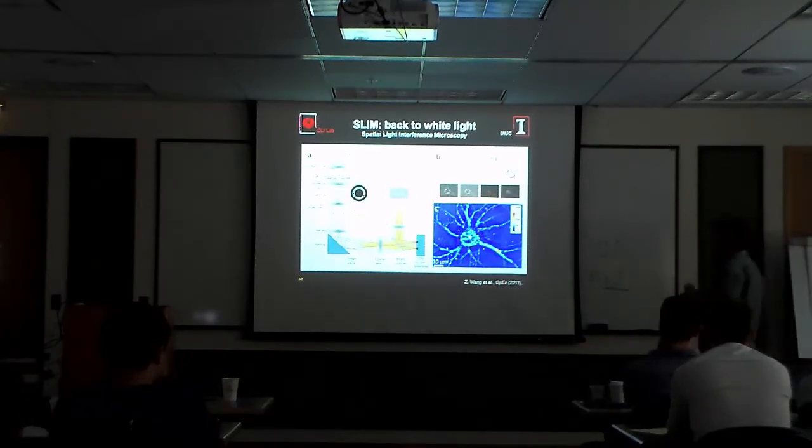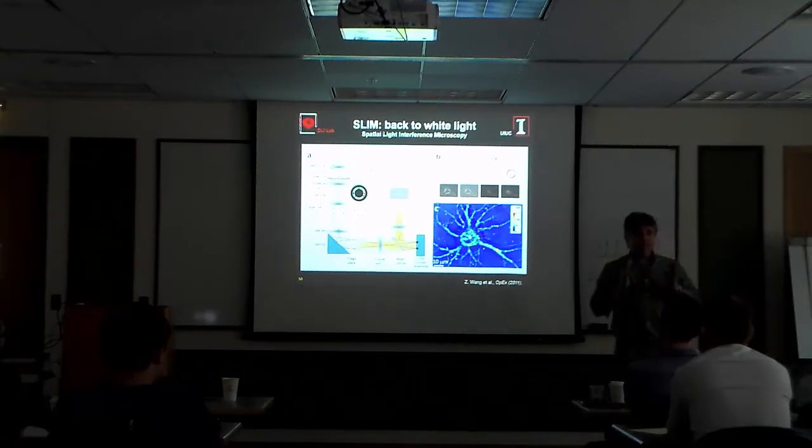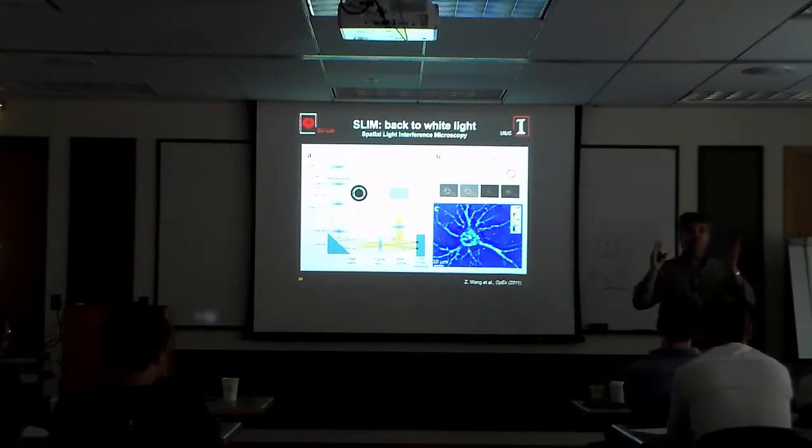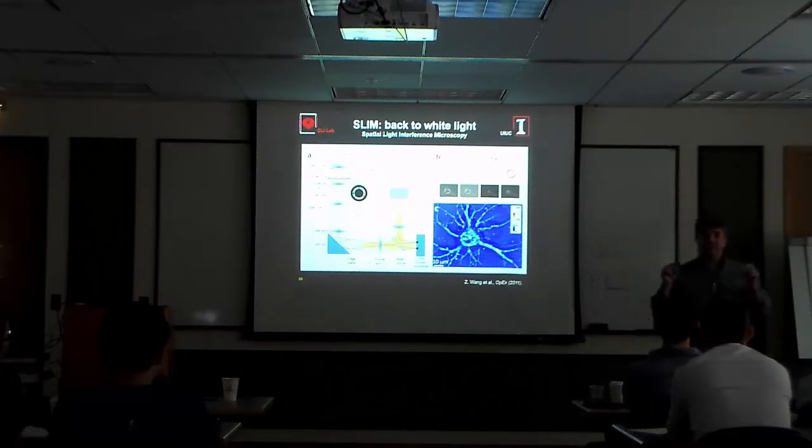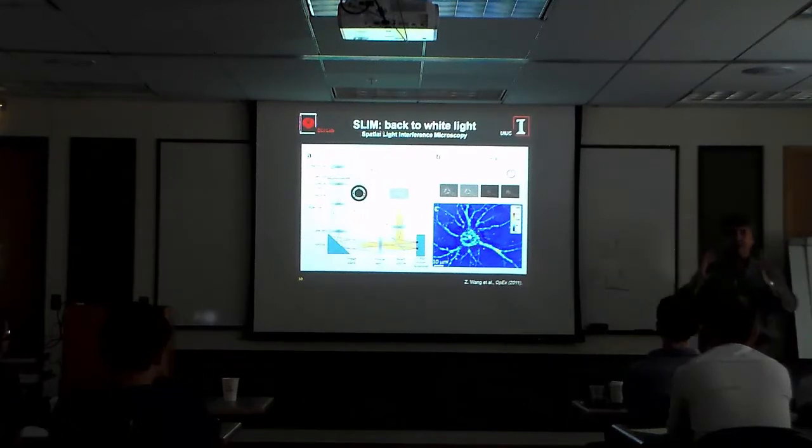But then there is one more thing. If you have an interference between 2 beams, the interferogram looks like the intensity of 1 plus the intensity of 2 plus 2 times square root of the product, times the cosine of the phase difference between the 2, right? So in imaging cells like this, the phase shift is not that big.